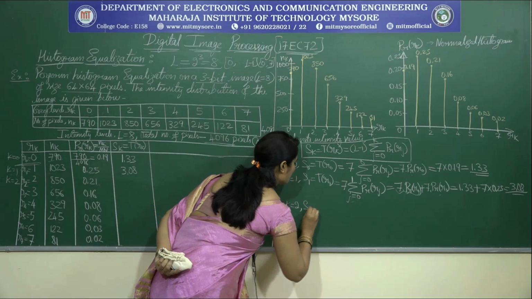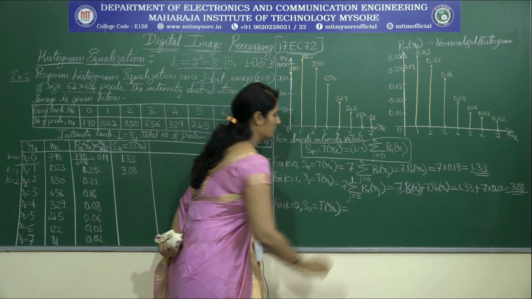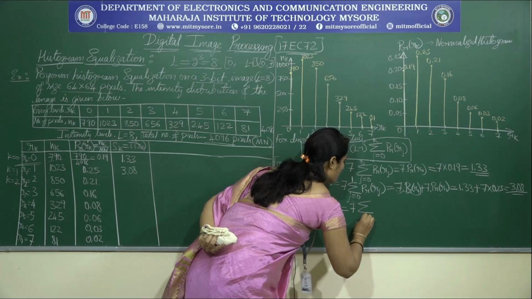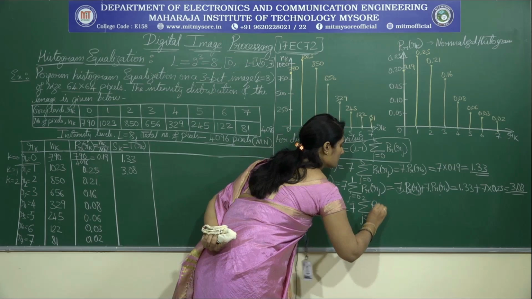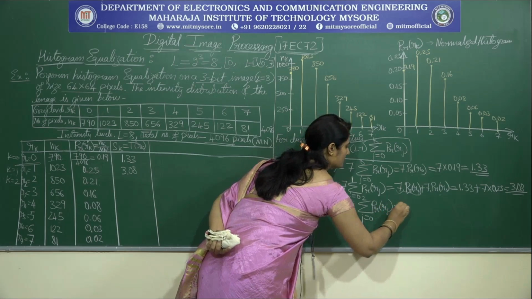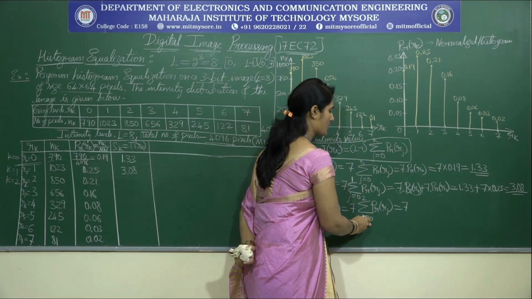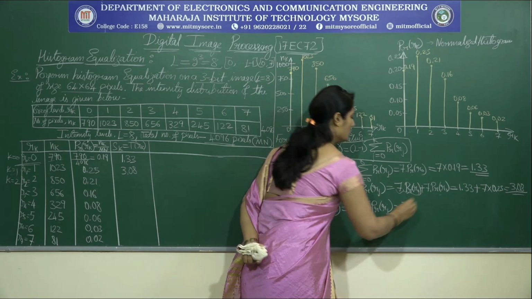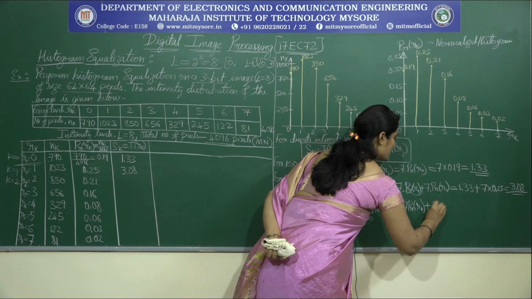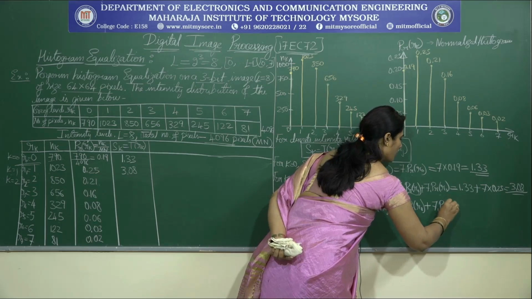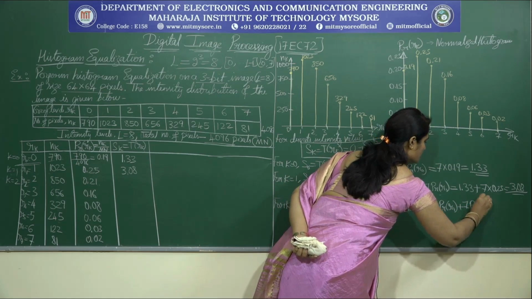For k equals 2, S2 is equal to T of R2, which is equal to 7 into summation j equals 0 to 2 PR of Rj. So now here you have three values for j equals 0, 1 and 2. 7 into PR of R0 plus 7 into PR of R1 plus 7 into PR of R2.